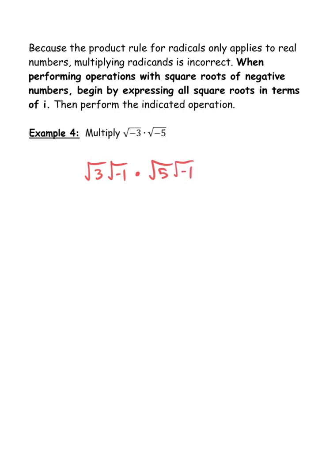So, this first guy is i square root of 3, times i square root of 5. So then we get i squared square root of 15. That doesn't simplify. However, i squared is going to be -1, so it's negative square root of 15.